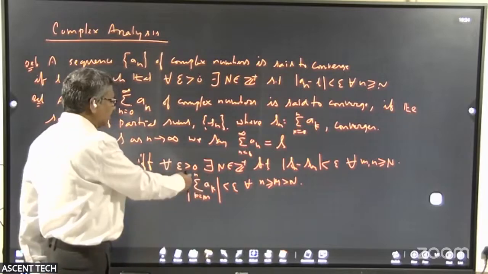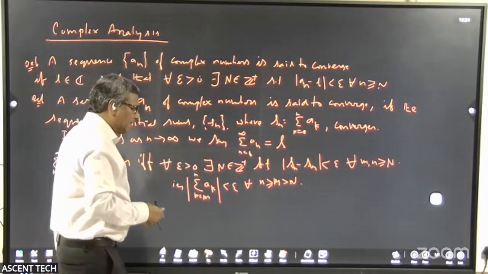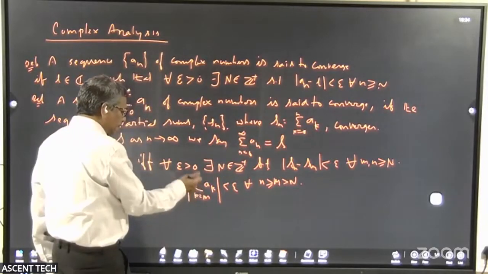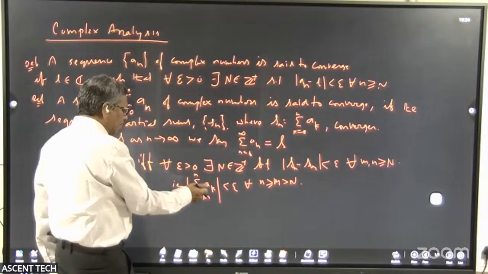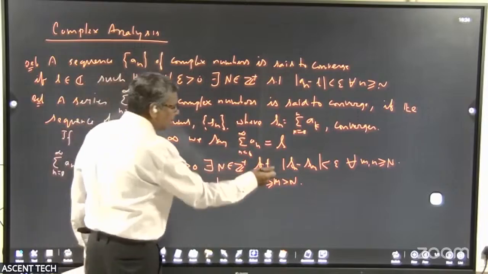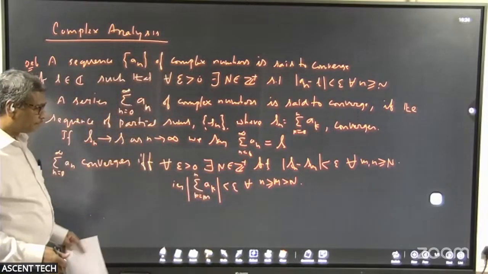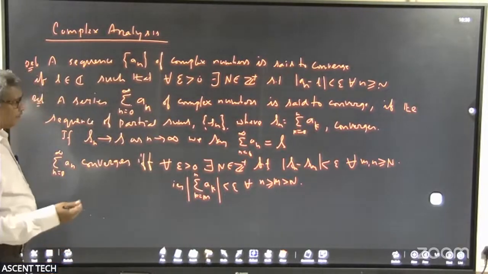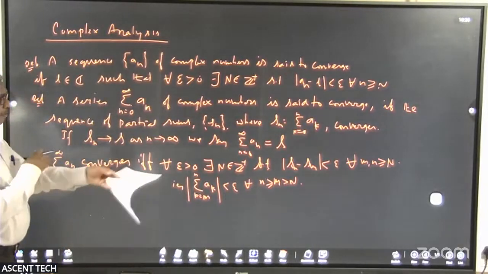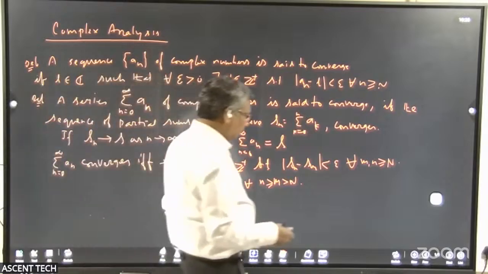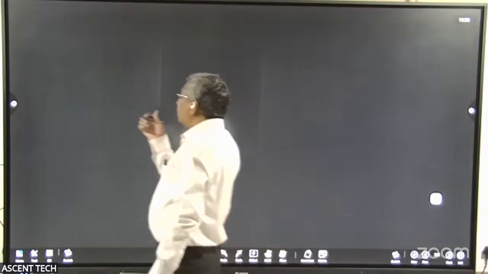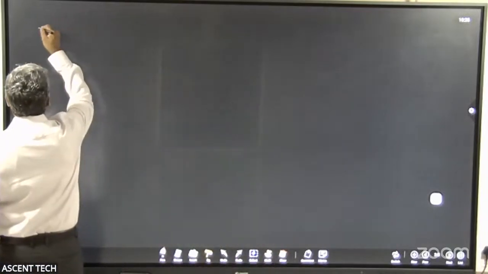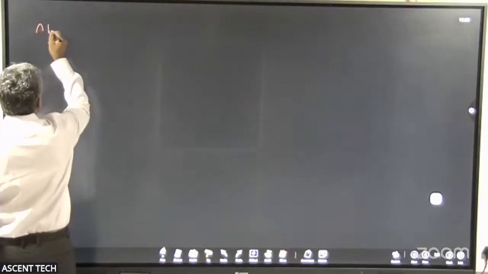So for every epsilon greater than 0, there's a large enough N such that the sum of a_k from m to n is less than epsilon for n greater than m greater than N. This is just what you learn in your calculus. What I will also say is absolute convergence.